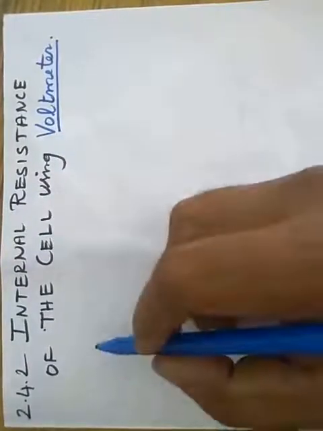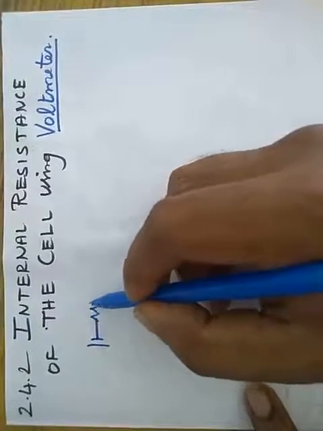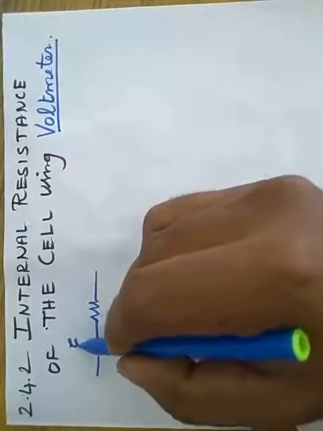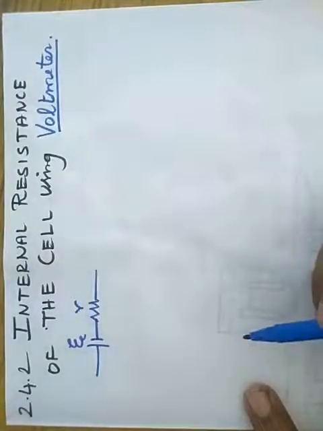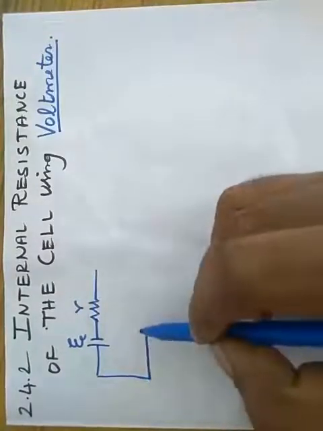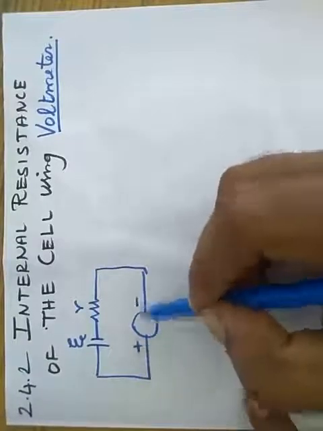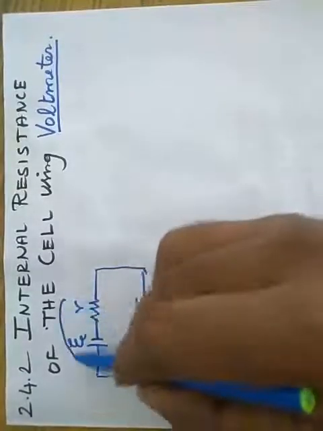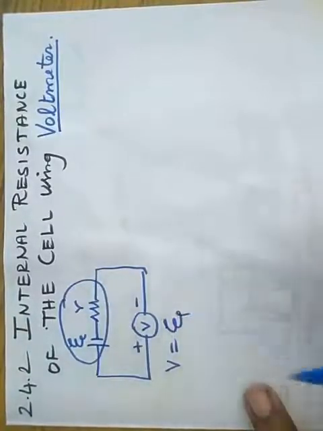First of all, I consider a cell whose internal resistance we have to calculate. The cell has EMF psi and internal resistance r. If this cell is connected across a high resistance voltmeter, the voltmeter reads the value of EMF, so V equals psi.